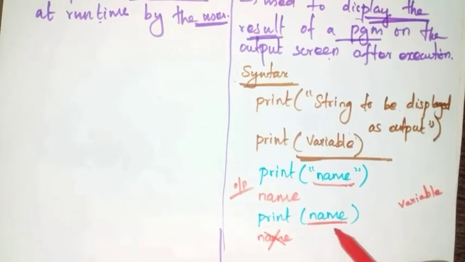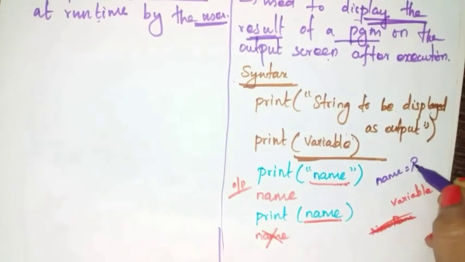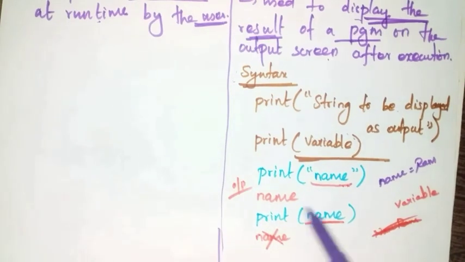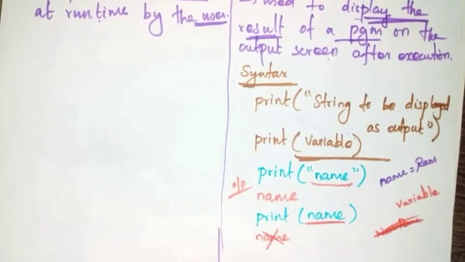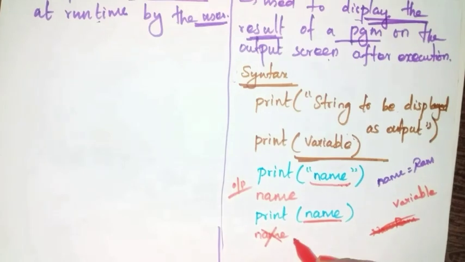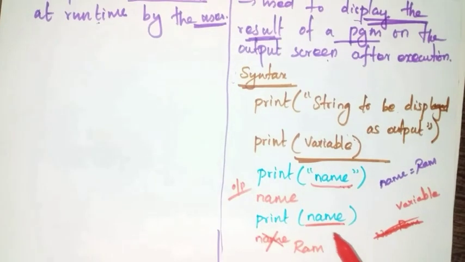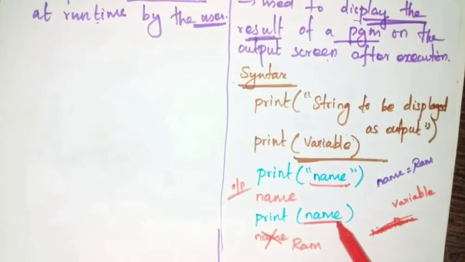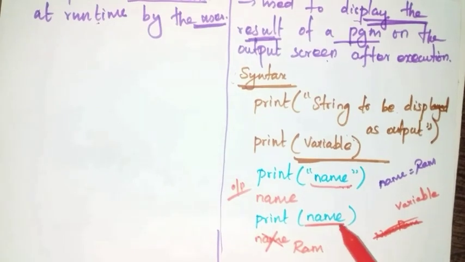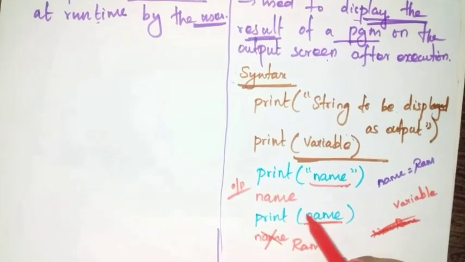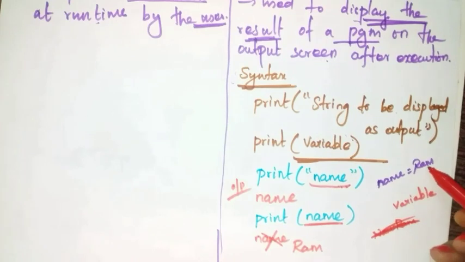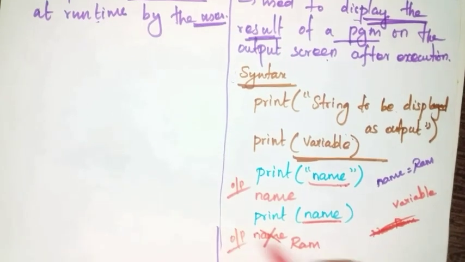Suppose this name has the value Ram, you will get the output for this code as Ram. Because here this name is a variable, you have to print the value of that variable. So what is the value? Ram. So the output is Ram.